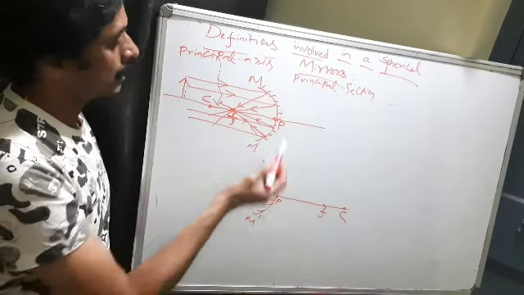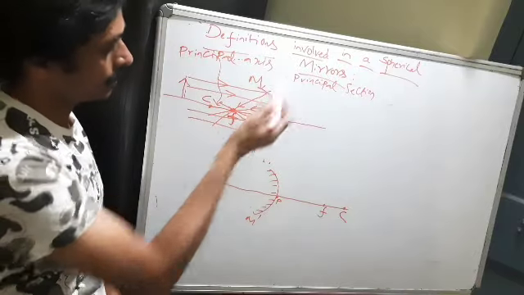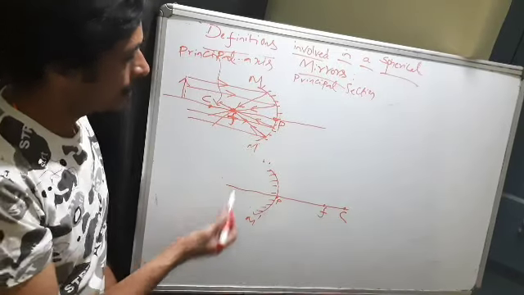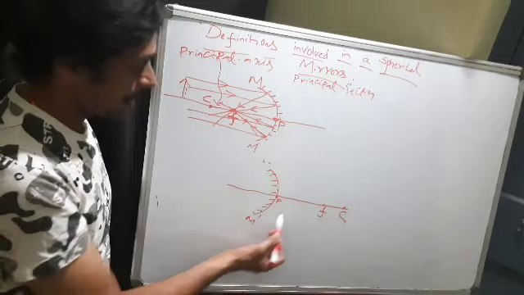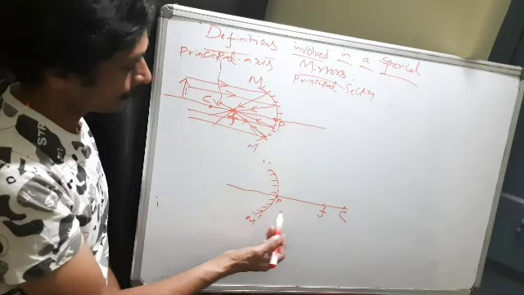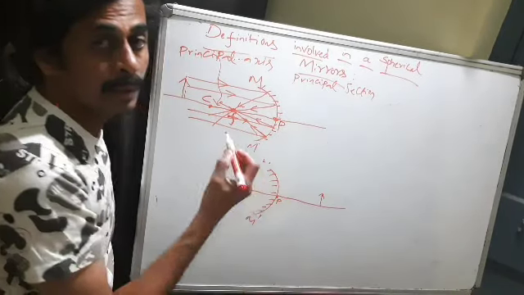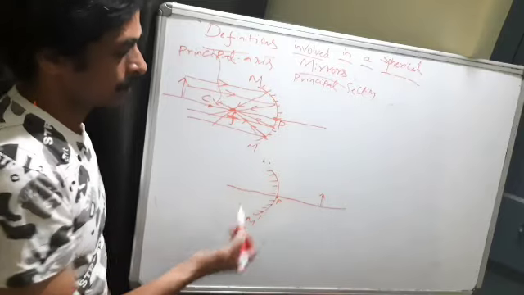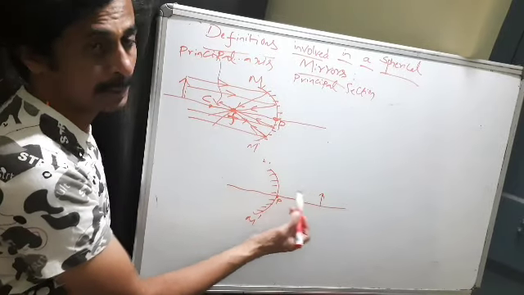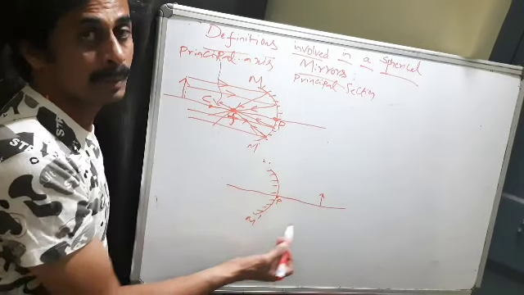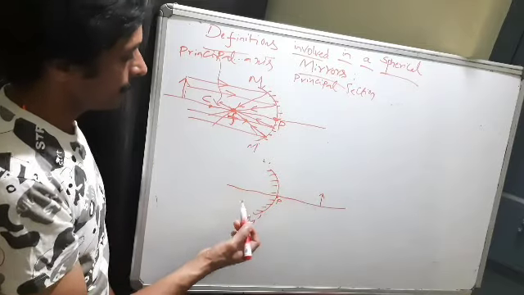These are the definitions in case of concave mirror, and the same definitions apply to convex mirror also. Let me keep an object in front of a convex mirror.